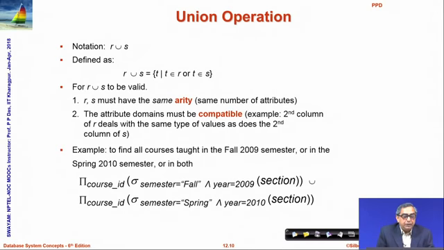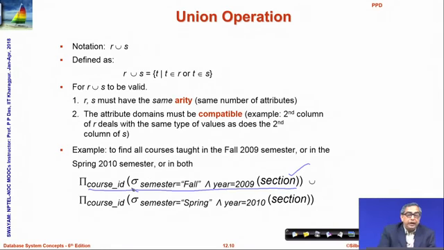As an example, to find all courses taught in the fall 2009 semester, this is the query where we do a selection to find all tuples which represent courses taught in fall 2009 from the section relation.